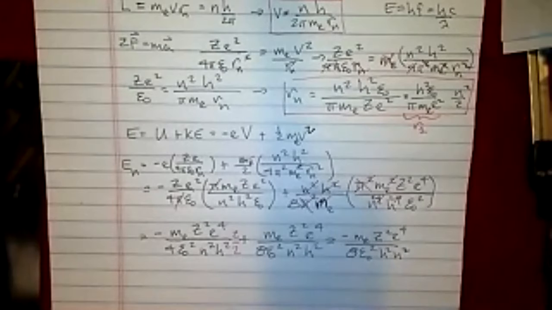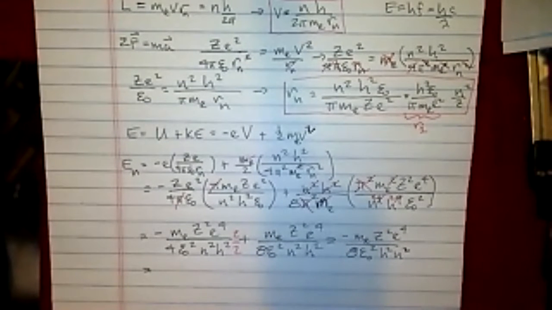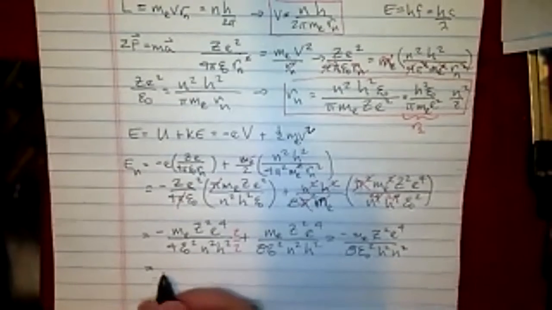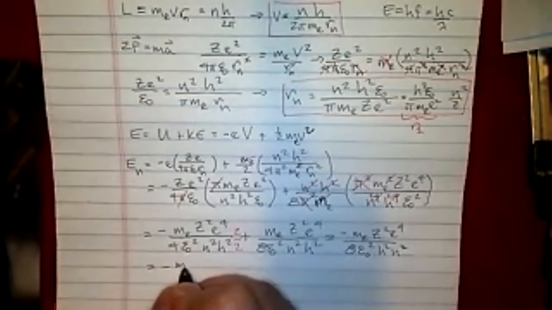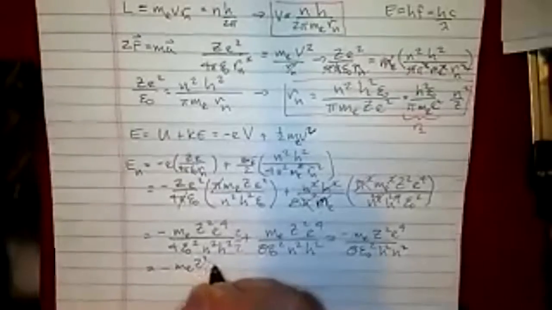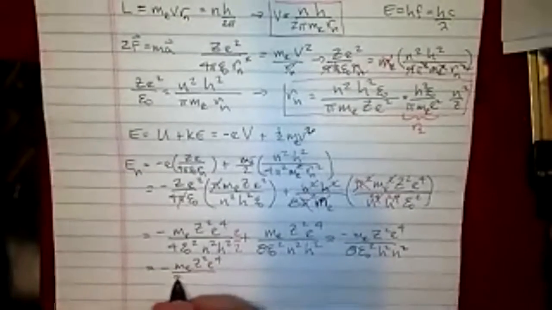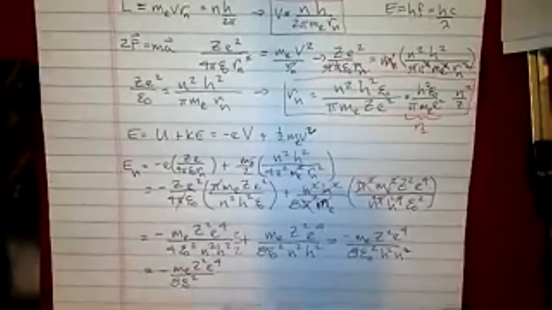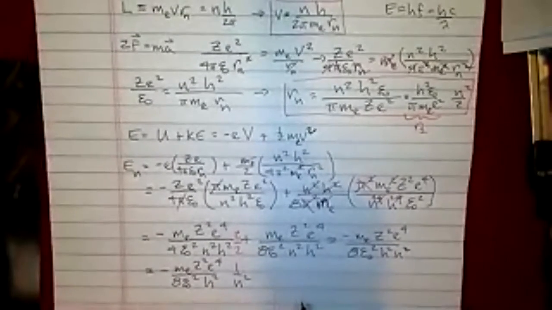And that's basically it. I might want to express this a little more succinctly, and that's kind of nice because I can ultimately write this so that I see how E depends on n, and I'll get negative m sub e z squared e to the fourth over 8 epsilon 0 squared h squared times 1 over n squared.